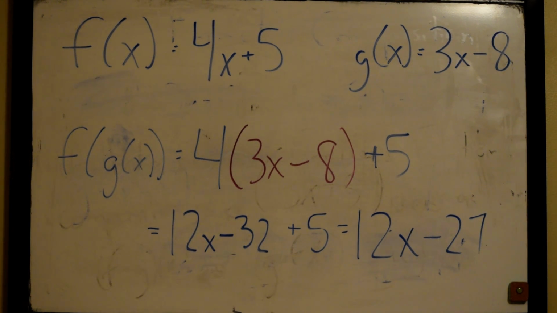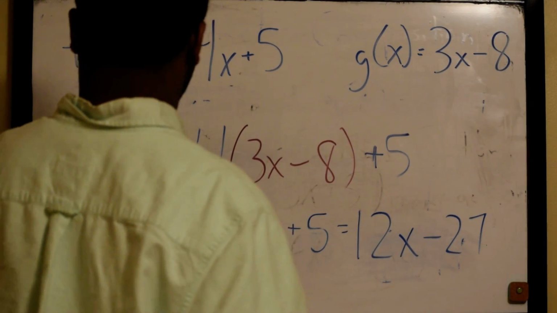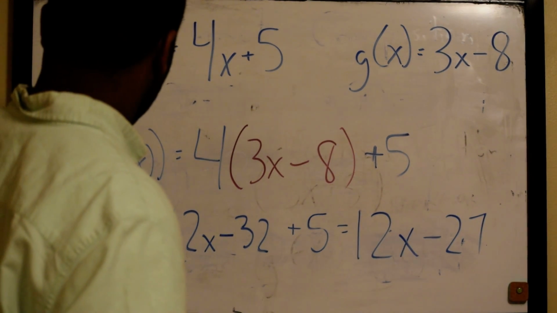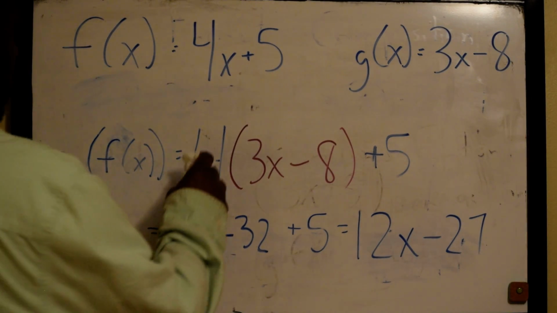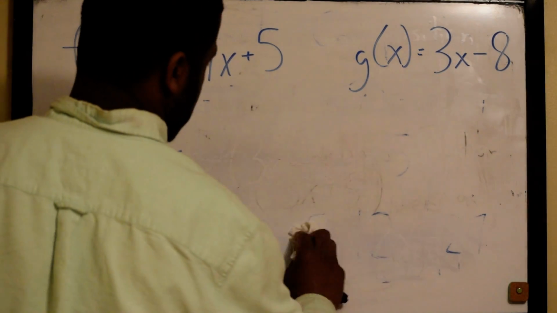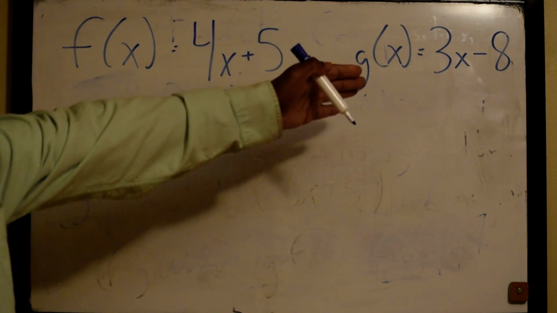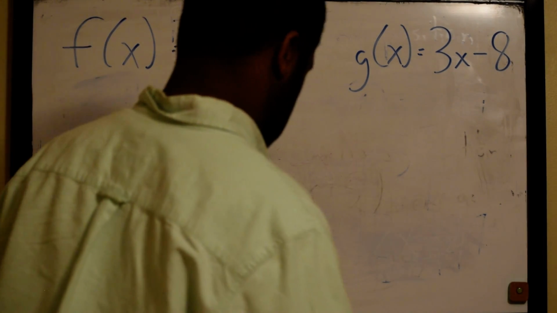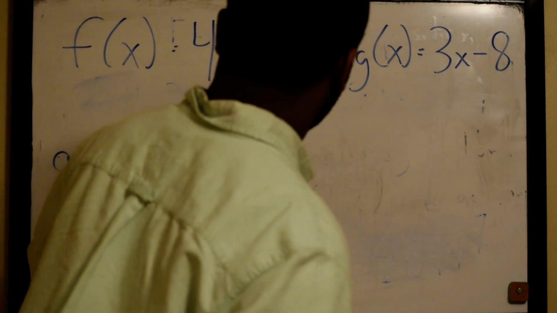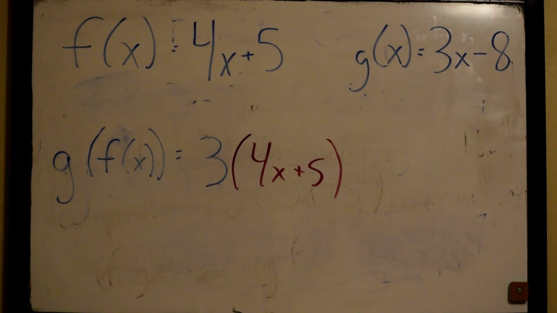And by the same token, we can come back and switch that over to g of f of x. Once we use g of f of x, we start with 3, and in lieu of x, we need to write 4x plus 5. Like I said, I'm putting it in a different color. Hopefully it stands out.